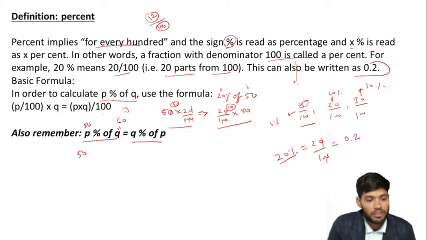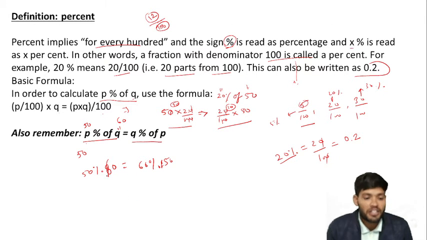According to that, p% of q, that is 50% of 60, will equal q% of p, that is 60% of 50. It means 50% of 60 will be the same as 60% of 50.